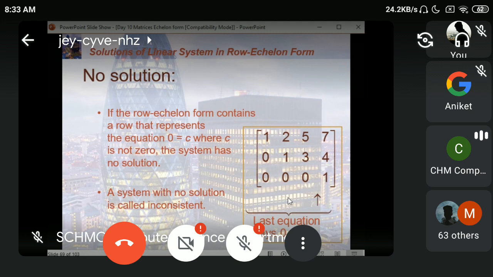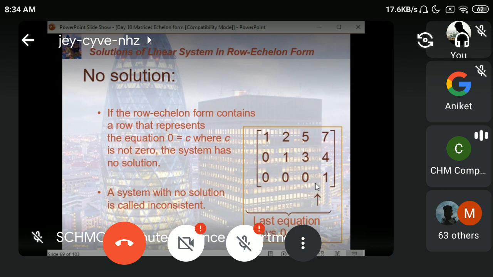Now if I write this augmented matrix in the form of equations, I will get x plus 2y plus 5z equal to 7, y plus 3z equal to 4, and the last equation says 0x plus 0y plus 0z equal to 1. That means 0 equal to 1, but 0 equal to 1 is not possible. It is a contradiction. Contradiction means it is not consistent, so it is inconsistent.